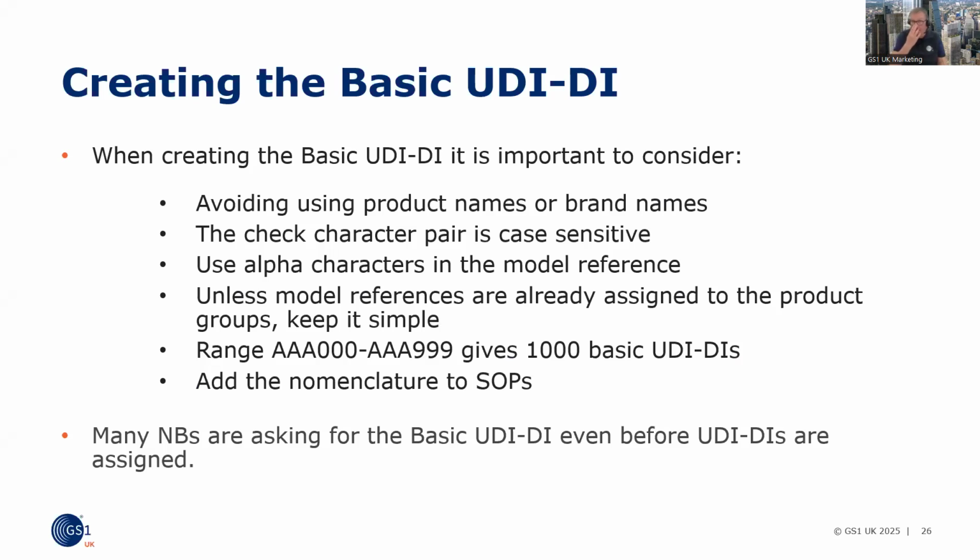And many notified bodies, NBs, are actually asking for the basic UDI-DI even before the actual GTINs are assigned. Although, given the timelines, I'm hoping that most people have got their GTINs assigned already.